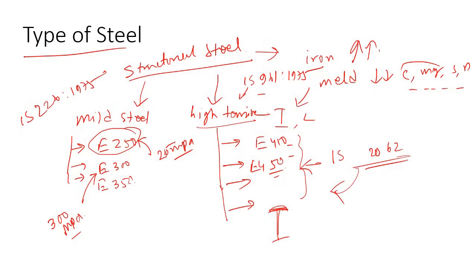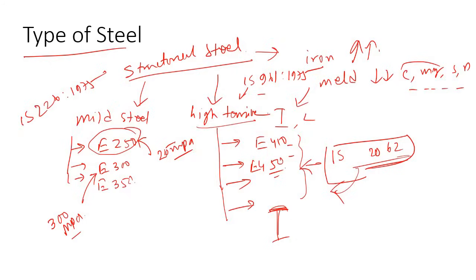If you are using only bolted connection, in that case definitely you can disobey this one. But if you are using welded structure, definitely you have to make sure that your steel section complies with IS 2062. This ensures the weldability, right? So these are the types of steel.